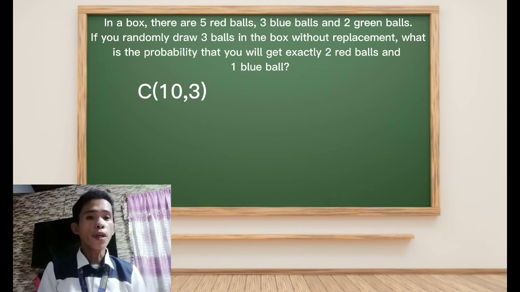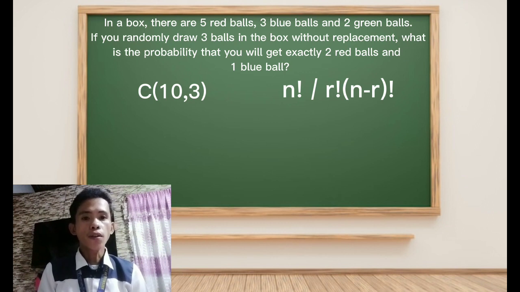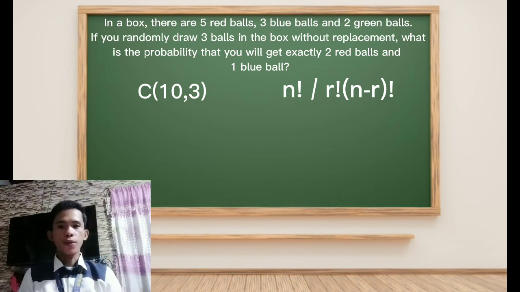To solve this combination, we use the formula n factorial divided by r factorial times n minus r factorial. And now, let's substitute. Our numerator is 10 factorial, and our denominator is 3 factorial times 10 minus 3 factorial.